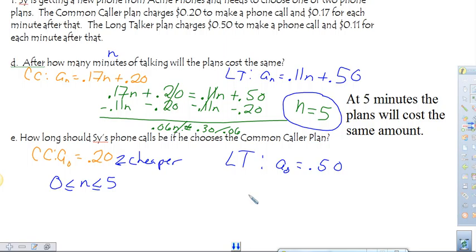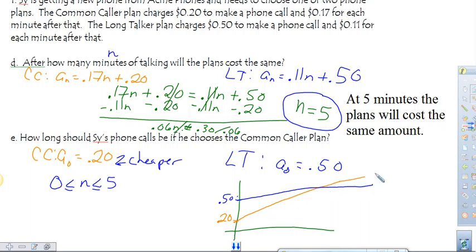And I can kind of draw it out for you a little bit also. This is all graphical stuff, right? So we know that our common caller starts at 0.20, and we know that we're increasing. Well, we also know that our long talker starts at 0.50 and is increasing. But do you see what happens here? They're going to cross each other at some point.